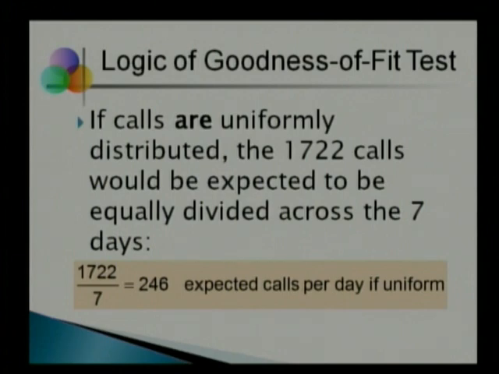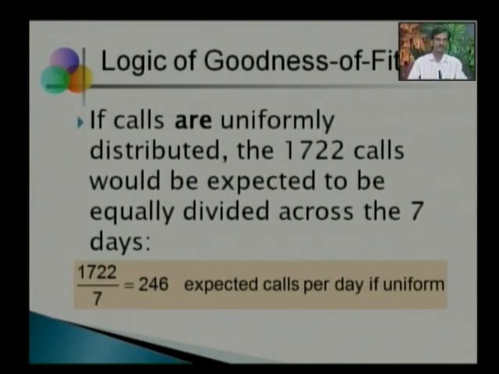To test this hypothesis we have to calculate expected frequencies. Expected means assuming that the null hypothesis is true, that is, the calls are uniformly distributed. Then the total number of calls for all 7 days, that is 1722 calls, would be expected to be equally divided across the 7 days.